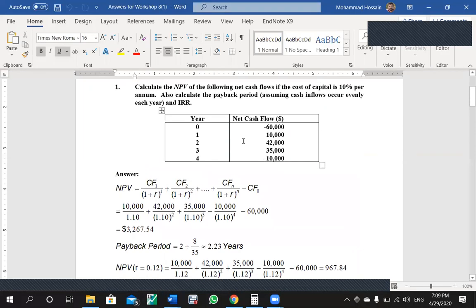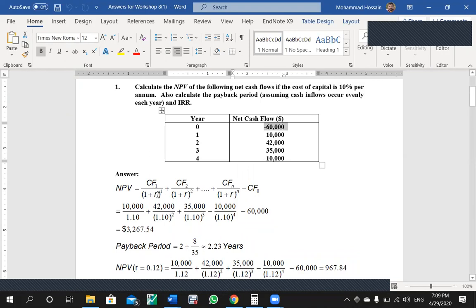All right, so the first year is 10,000, second year 42, third year is 35, fourth year is minus 10,000, and the initial investment is 60,000. So you have to calculate the net present value.